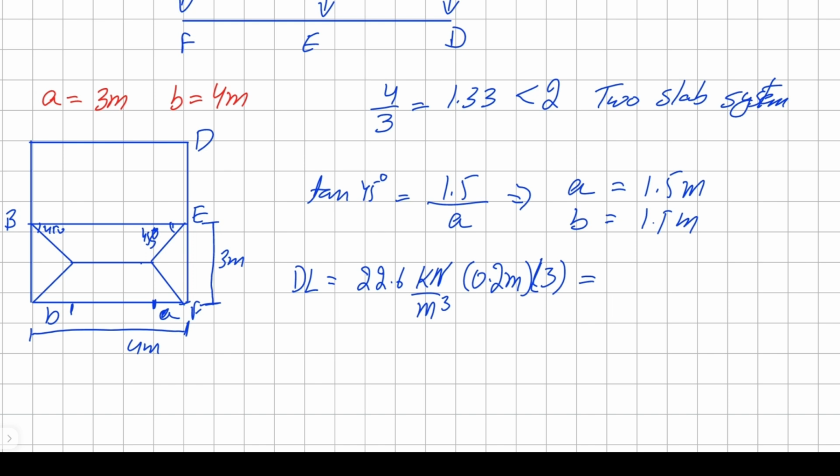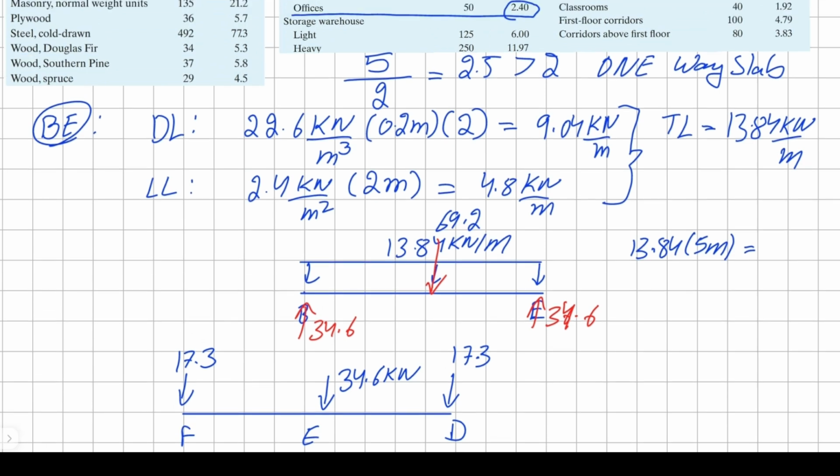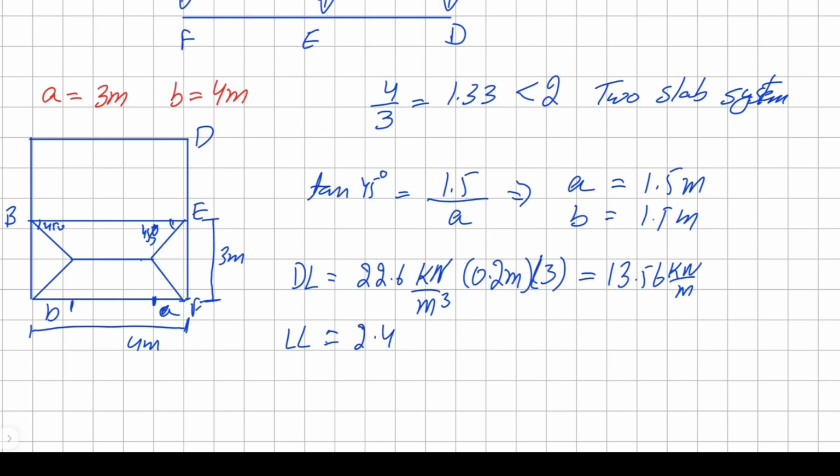Solving this, we have 13.56 kilonewton per meter, and our live load is same as before, 2.4 kilonewton per meter square times 3 meters, which is 7.2 kilonewton per meter. Adding both of these together, we get 20.76 kilonewton per meter.